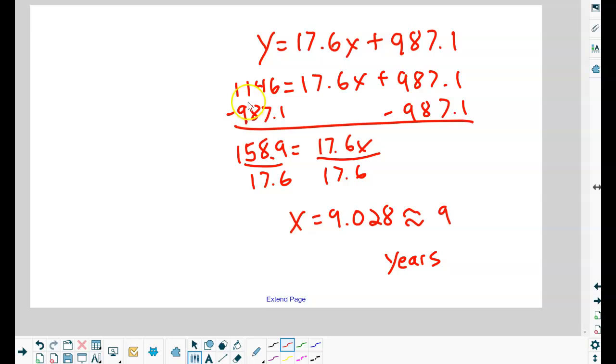Okay, 1146 minus 987.1 is 158.9, equal to the 17.6x that I bring down. And now divide by 17.6 on both sides.